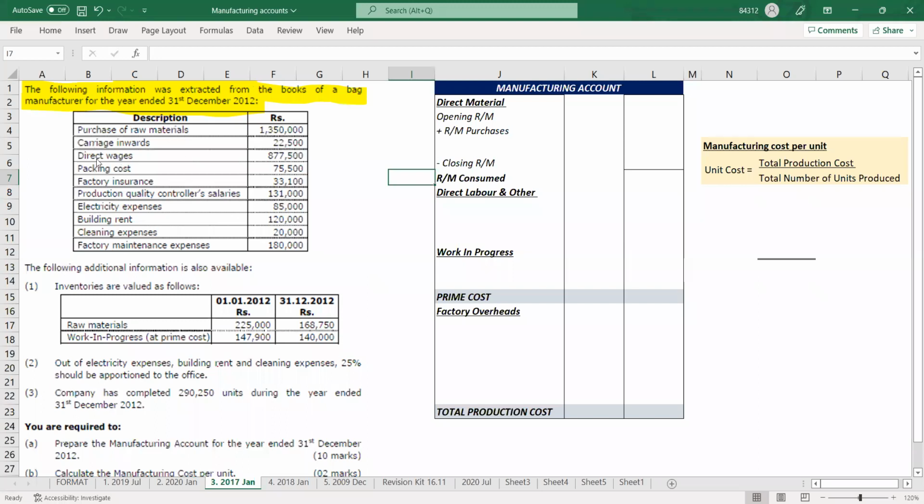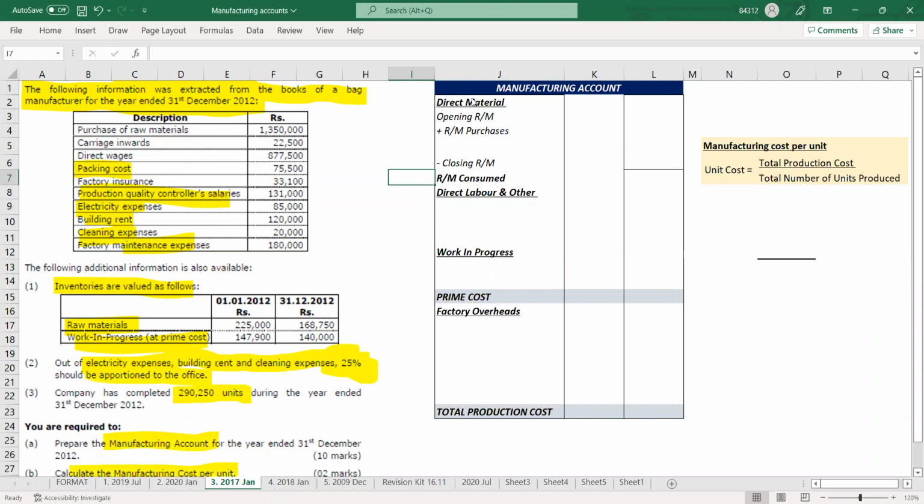Purchase of raw material, carriage inwards, direct wages, packing cost, factory insurance, quality controller salary, electricity, rent, cleaning, maintenance. Additional information: inventories, raw material, work in progress. Out of electricity, building rent and cleaning expenses, 25% apportioned to office. So 75% to the factory. Company completed 290,250 units during the year. Prepare manufacturing account, calculate the cost per unit.